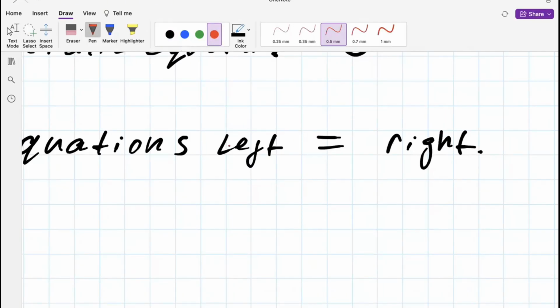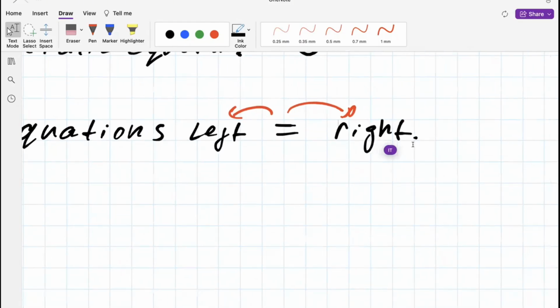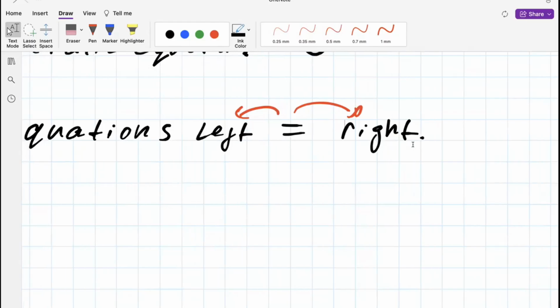There are many operations with equations, so you can work at the same time with the left side and the right side. Just knowing these basic skills, how to multiply both the left and right side, how to take the square root of both sides, or how to raise both sides to the power of 2, is just the basics that you should know.